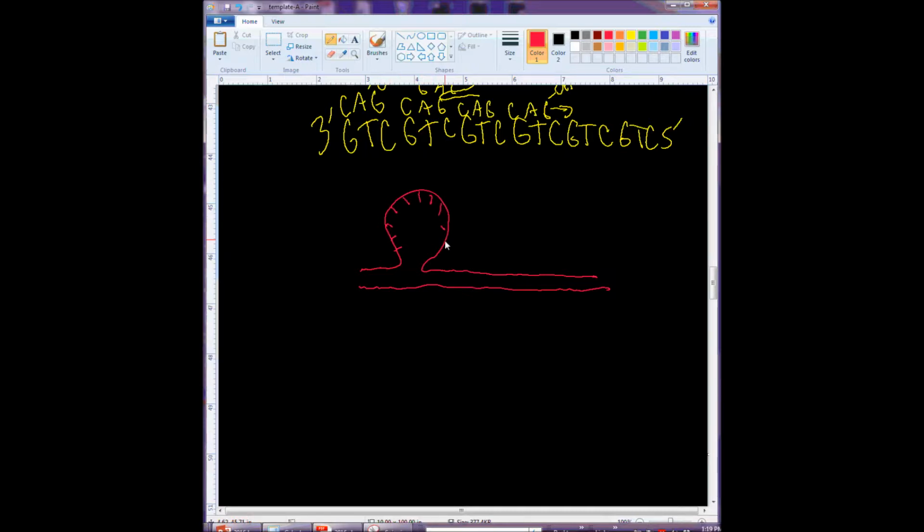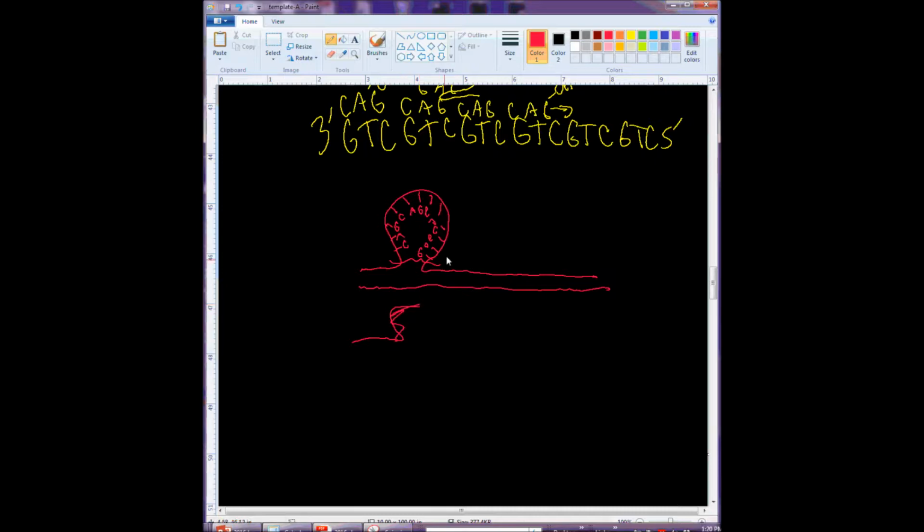Okay, so this needs to be fixed, right? So you have your repair machinery that's going to come in, and it's going to see all these CAGs. So one way they could fix it would be to cut this off somehow, right? Okay, that would work. But another way they could fix it is add bases down here.